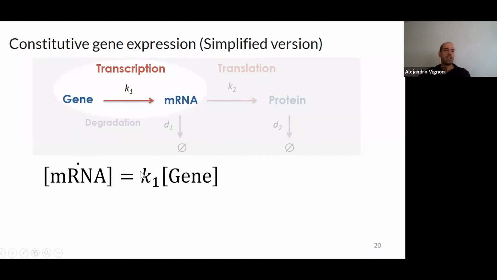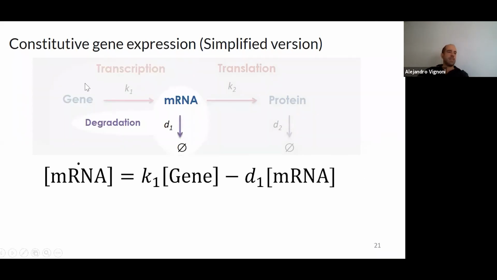mRNA will be getting created at a rate which is proportional to K1, the transcription rate, and the amount of genes we have. I didn't say it before, but we are talking first about constitutive gene expression. So this is happening all the time. The gene is always on, let's say, and it's getting transcribed constitutively. Then what else is happening with the mRNA?